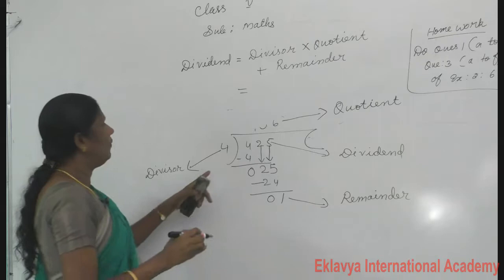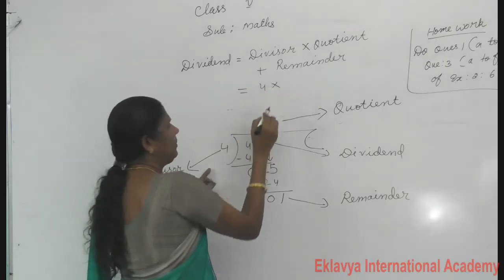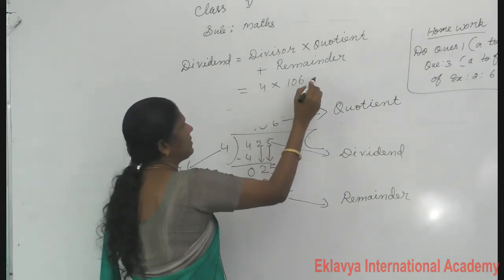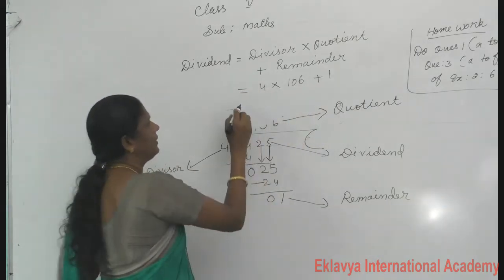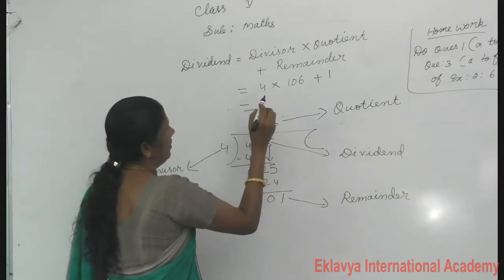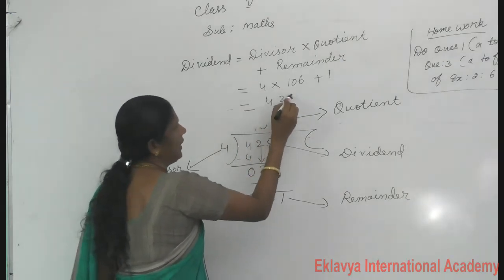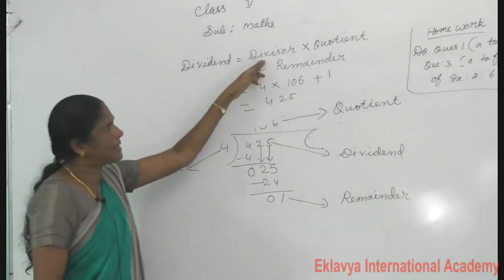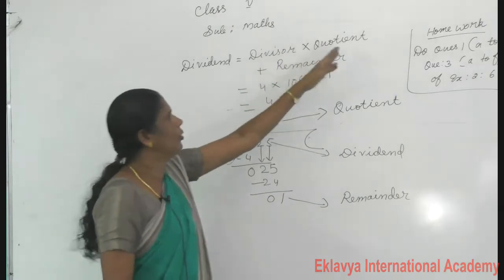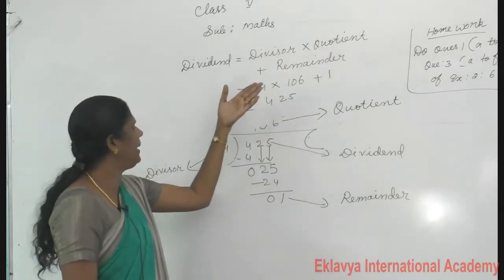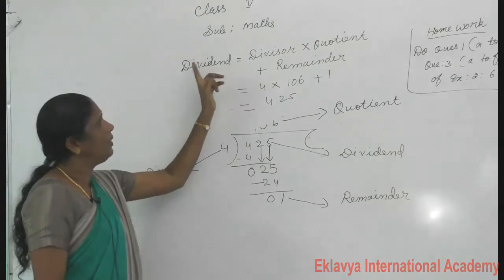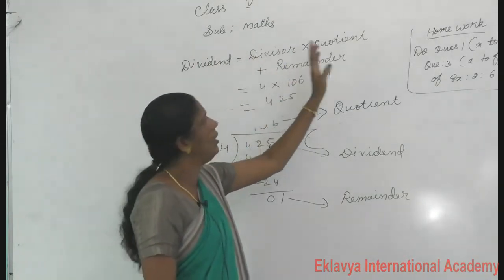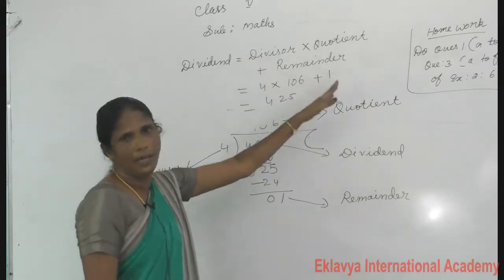Then divisor 4 multiply 106, plus 1. Then we get 425. Understand? Dividend is equal to divisor multiply quotient plus remainder.